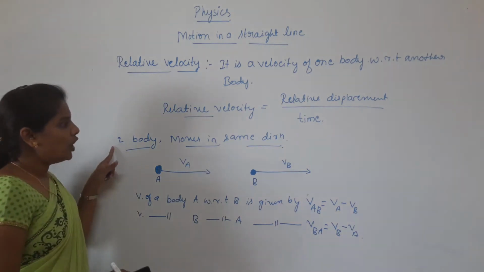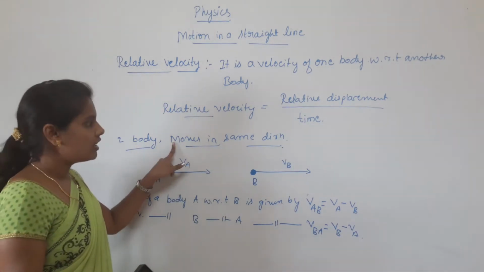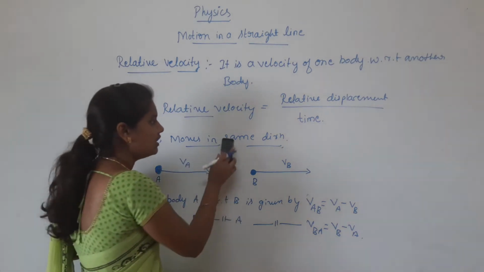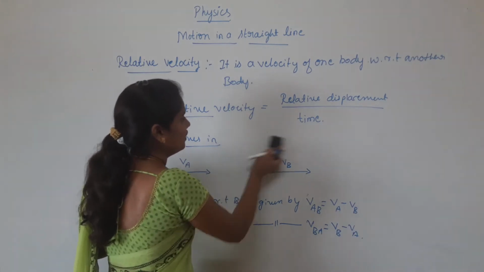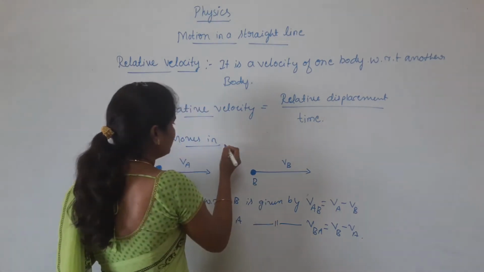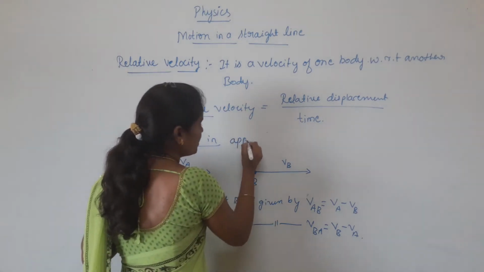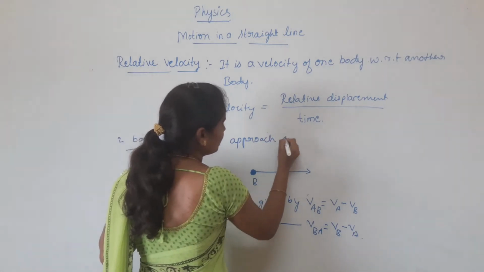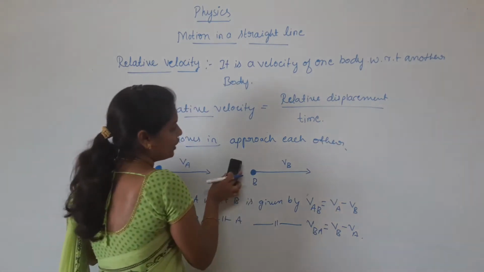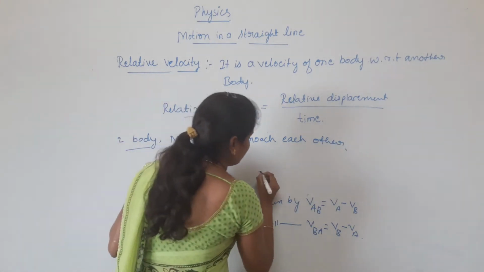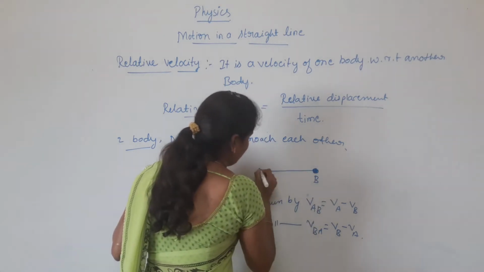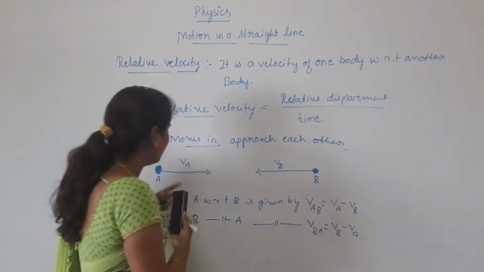Similarly, we saw the bodies moving in the same direction. Now consider bodies approaching each other in different directions. Here the body B has velocity VB.